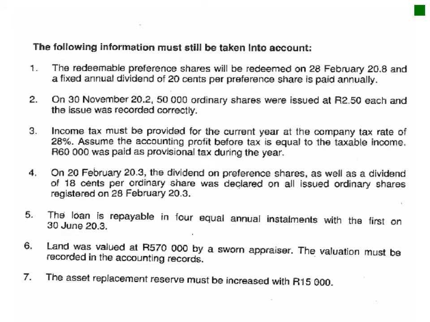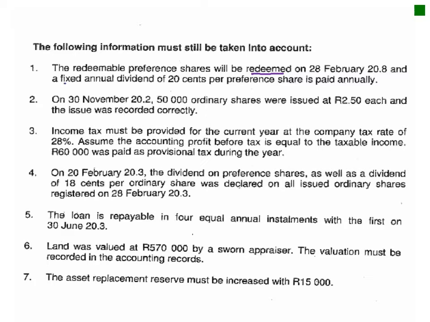This is the additional information that was given in the question. Part 1 previously said that the redeemable preference shares will be redeemed on the 28th of February 2008. That means there was a fixed date for redemption, which means the company has to pay back this amount, which then means this is a liability.